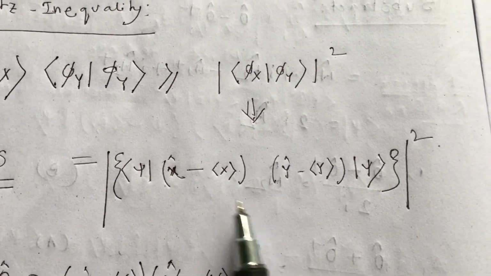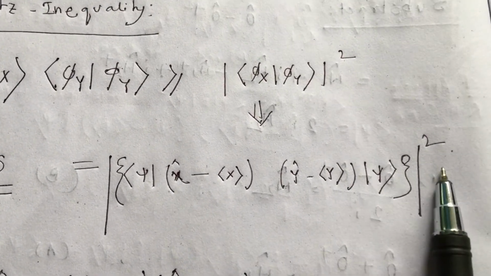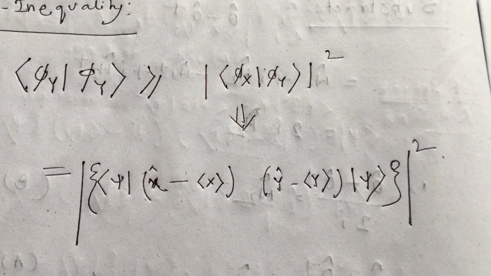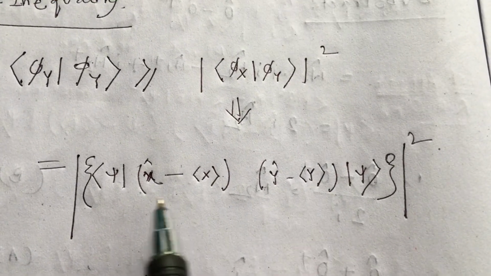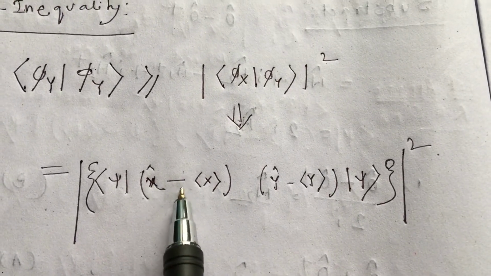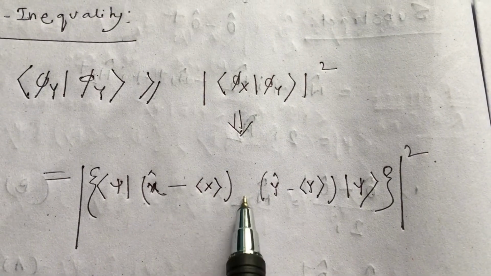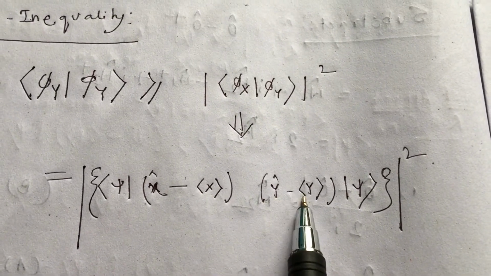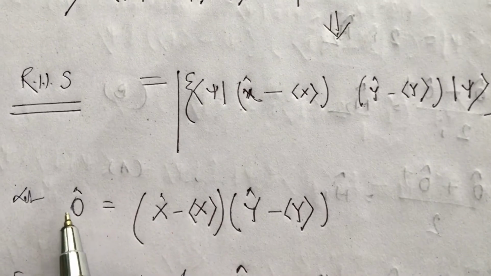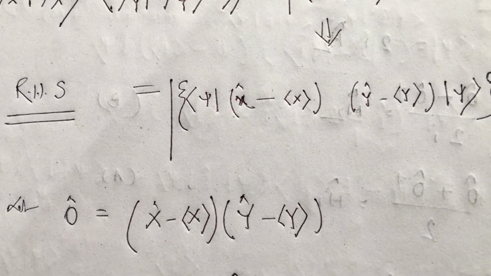And this by definition can be written like this. Mod square is already there. Let us define this quantity, this x operator minus x expectation value into y operator minus y expectation value as a new operator O for the time being.